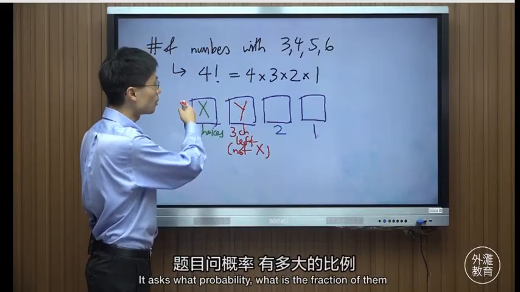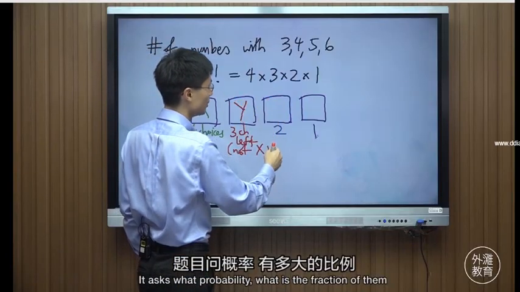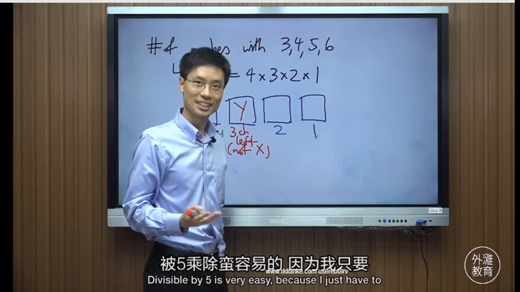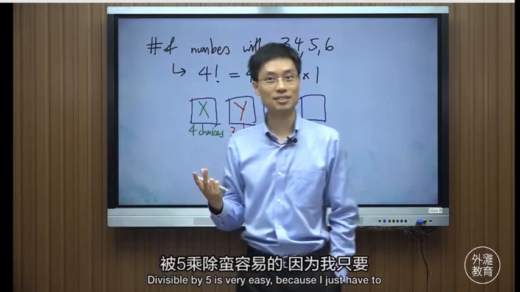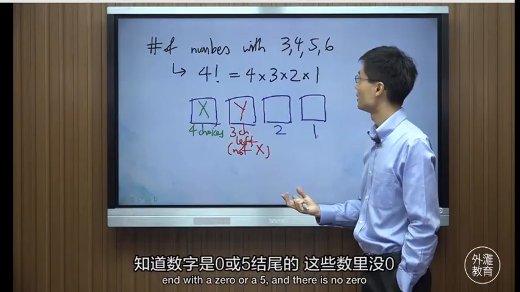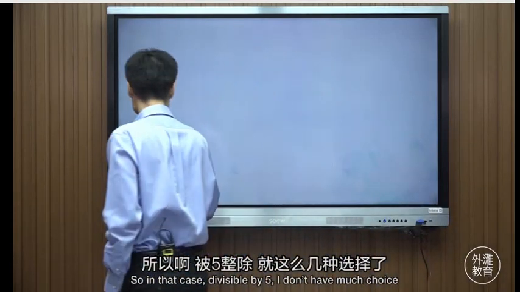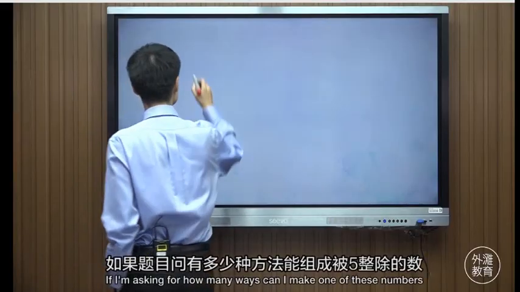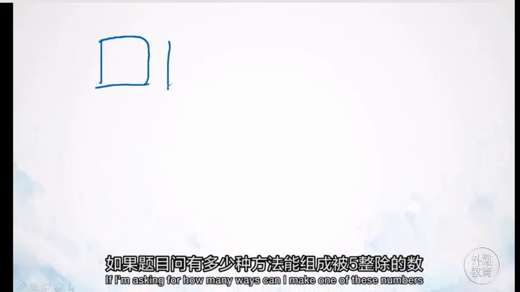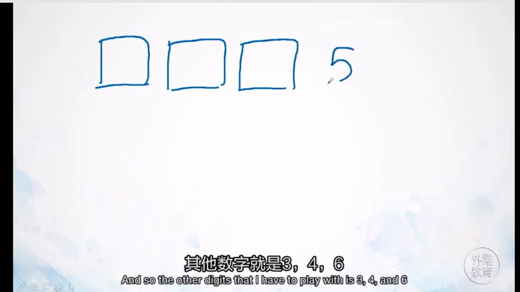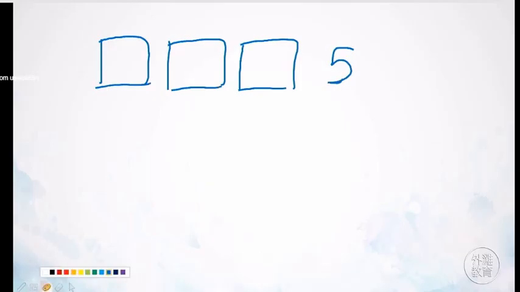It asks what is the fraction of them which are divisible by 5? Divisible by 5 is very easy because I just have to end with a 0 or a 5, and there's no 0. So in that case, I don't have much choice. If I'm asking for how many ways I can make one of these numbers divisible by 5, the last one has to be 5. And so the other digits that I have to play with are 3, 4, and 6.